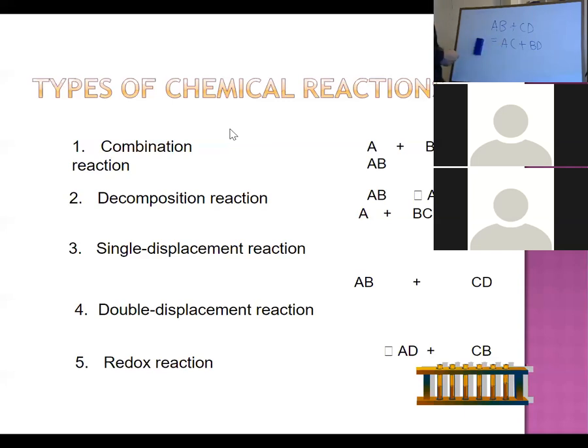They swap around. You can see instead of AB, it's now AC and BD. Double displacement means they completely switch around. You have displacement of all of the atoms.